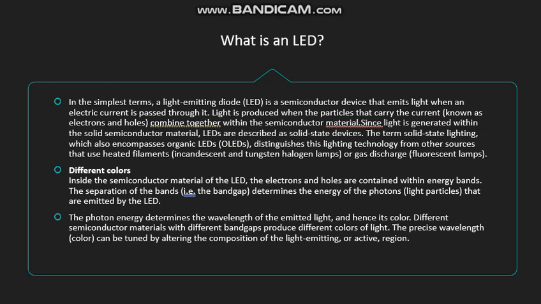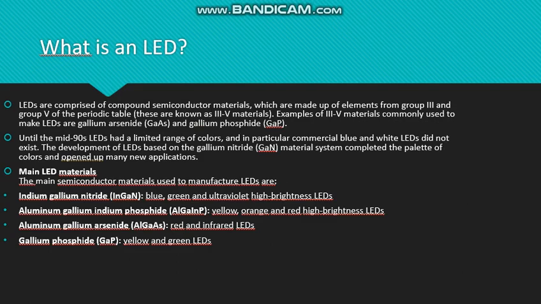The photon energy determines the wavelength of the emitted light and hence its color. Different semiconductor materials with different band gaps produce different colors of light. The precise wavelength can be tuned by altering the composition of the light emitting or active region.